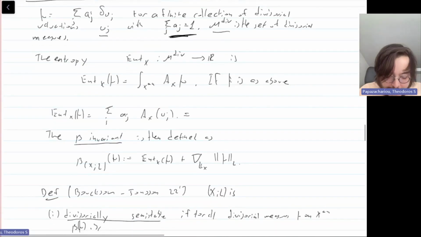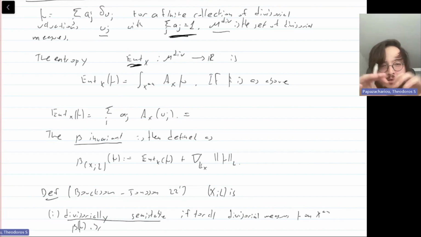The first part is defining this entropy part, which is very similar to what we have seen before about log discrepancy. The way you should think about these divisorial measures is that they represent convex combinations of divisorial evaluations.